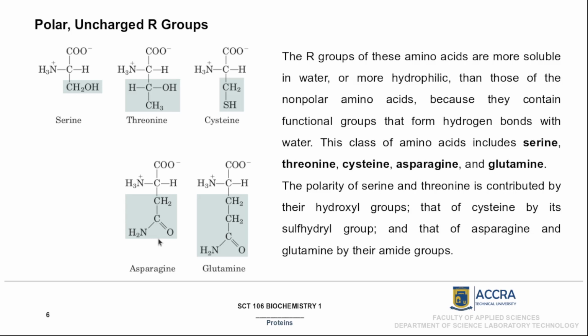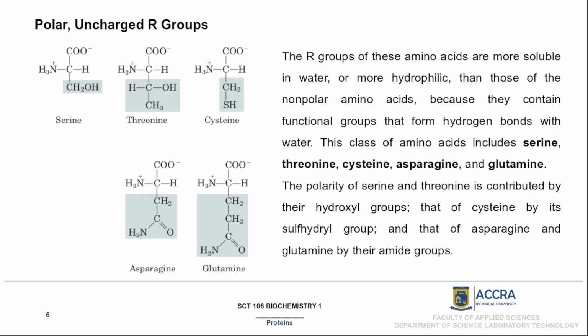Asparagine and glutamine are the amides of two other amino acids also found in proteins, aspartate and glutamate, also referred to as aspartic acid and glutamic acid respectively, to which asparagine and glutamine are easily hydrolyzed by acid or base.